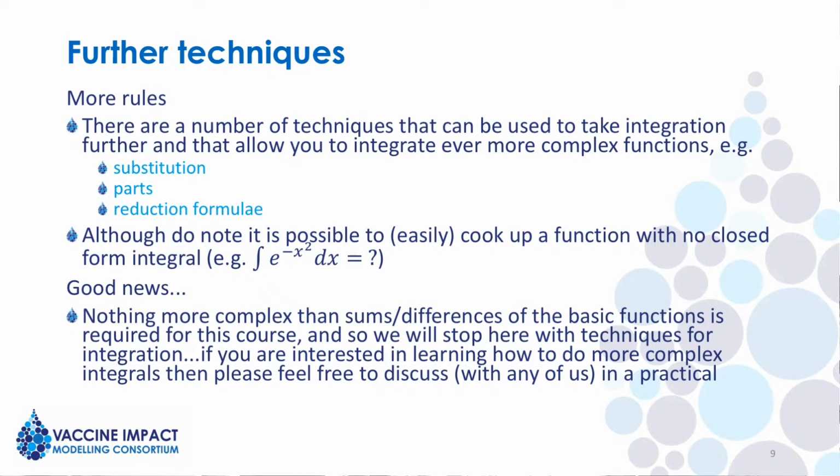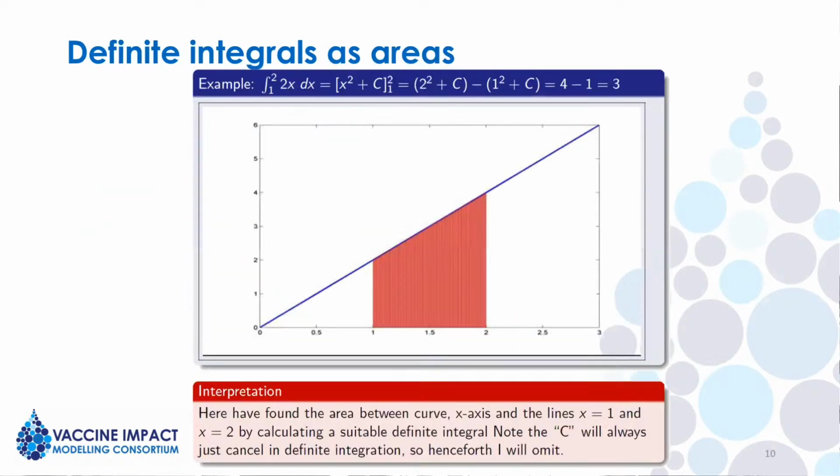Again, it's helpful to see where these things come from, so you get a feel for where they come from and how they might be used in your work. So, I promised a graphical interpretation. If we're thinking about a definite integral, so again, we're integrating, but we're looking between limits. We're thinking about the window where we're integrating.